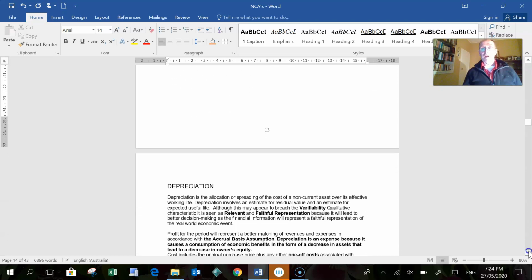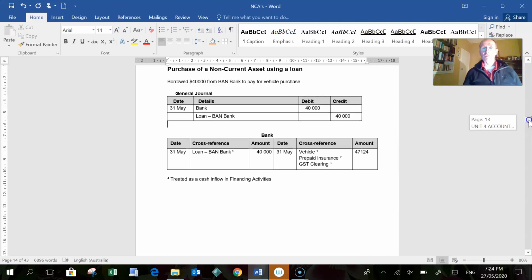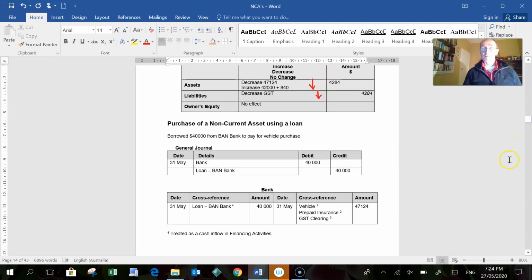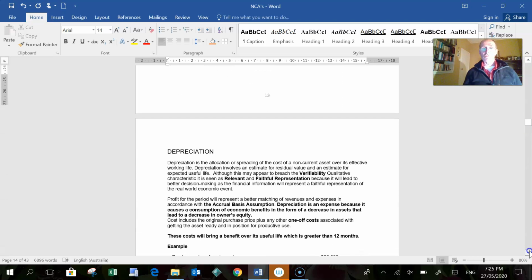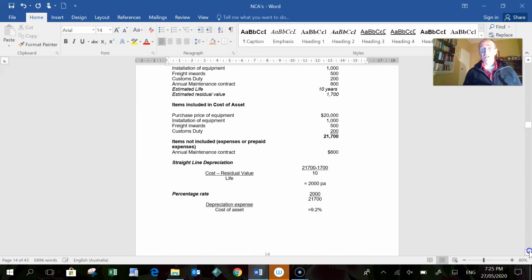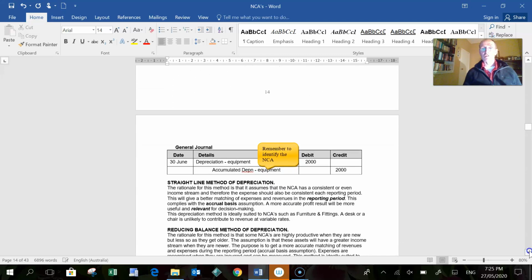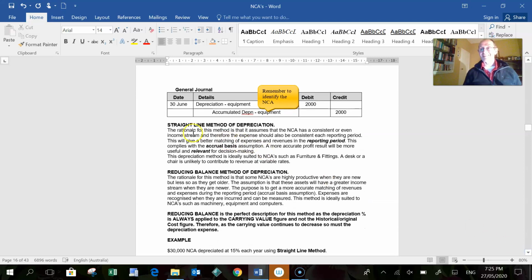Okay, so that's the first part, which is the purchase of a non-current asset for cash. So we might just leave it there as the first part. We'll do a few exercises on that aspect before we move into the next standalone topic, which is depreciation, where I'm going to look at what is depreciation, which is just a revision of what you did in year 11, and then we're going to have a look at the two methods of depreciation.